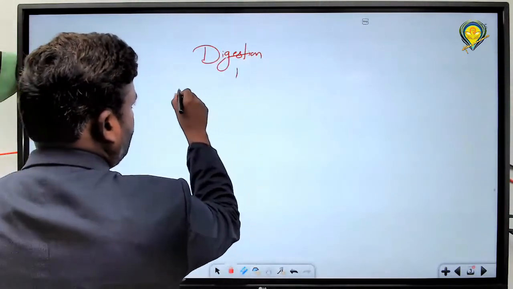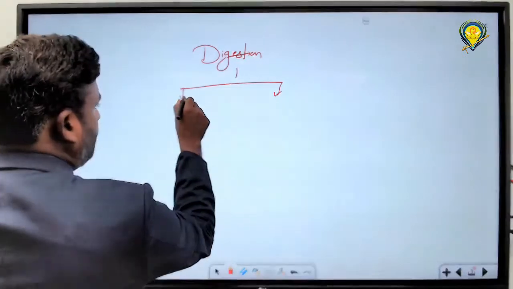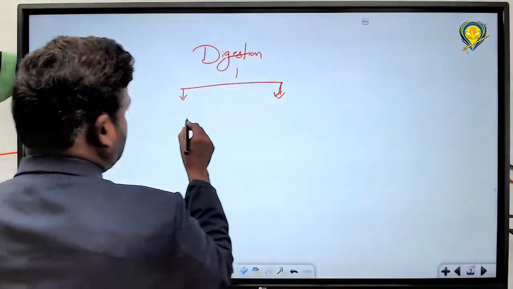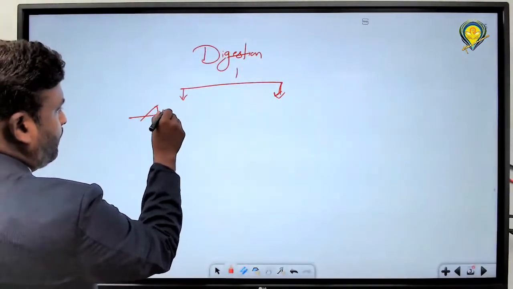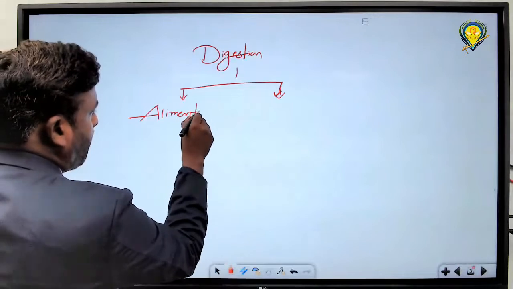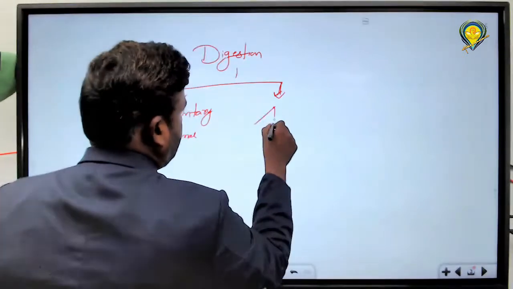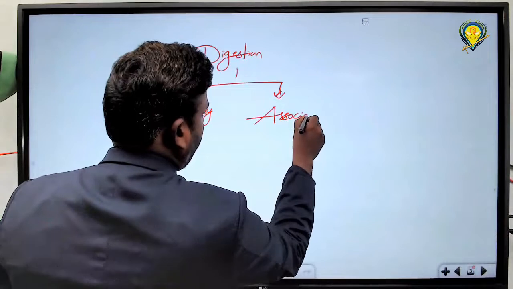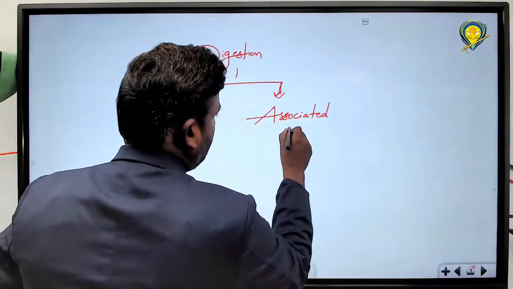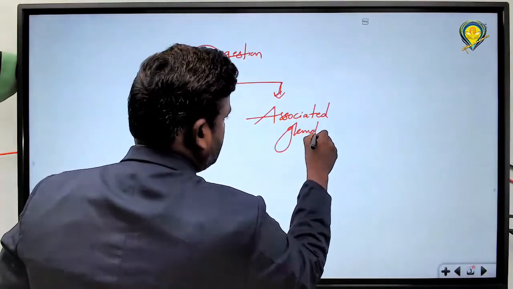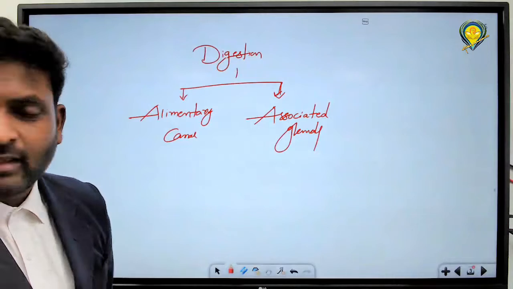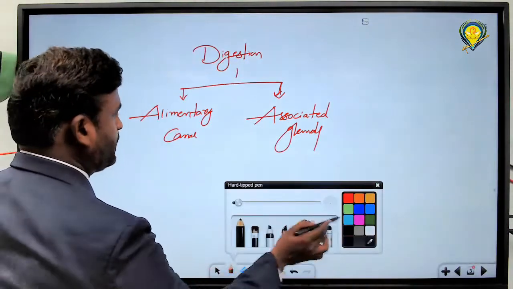Digestion consists of what? Alimentary canal and associated glands. Alimentary canal extends from where to where?